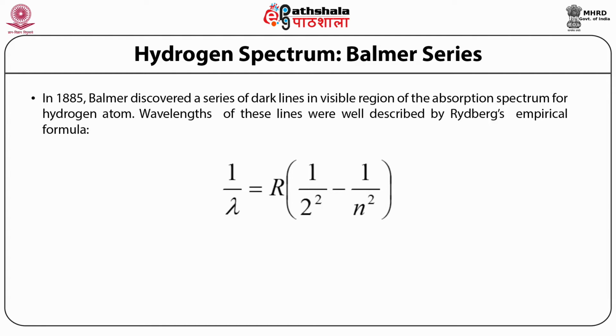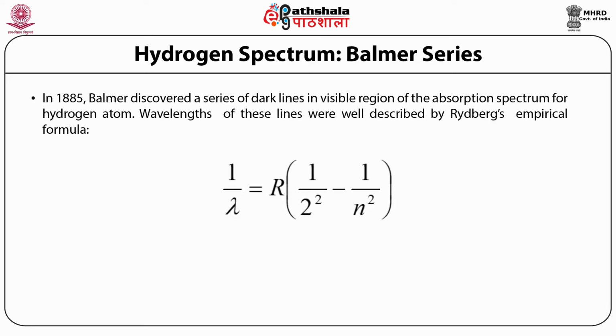He was sort of playing with the various lines which occur in the visible region of the absorption spectrum of the hydrogen atom, and he found that there are certain wavelengths which are missing, and the wavelengths of these missing lines could be calculated by what is known as Rydberg's formula.